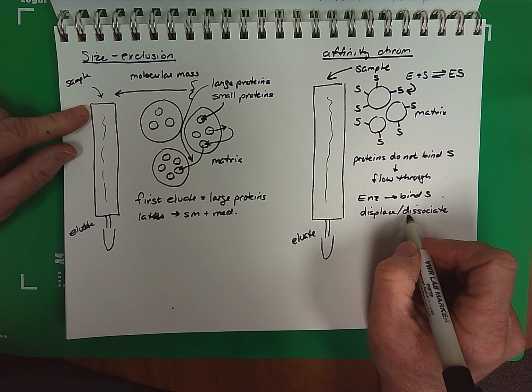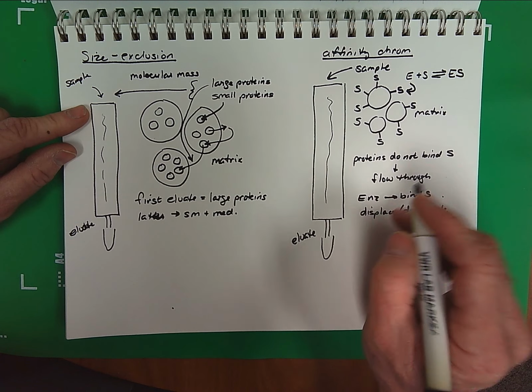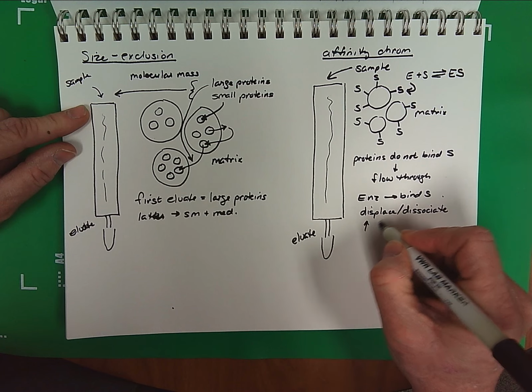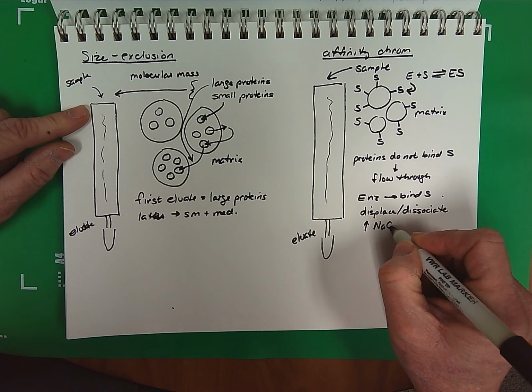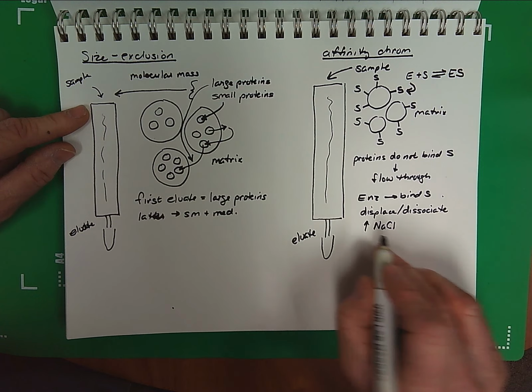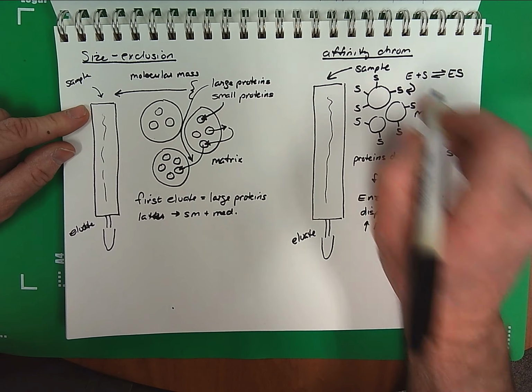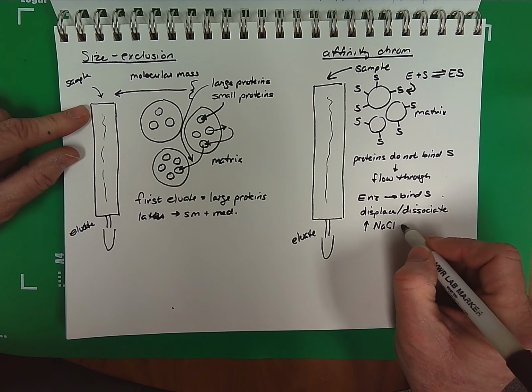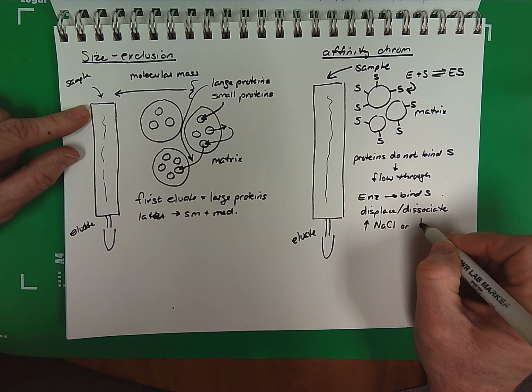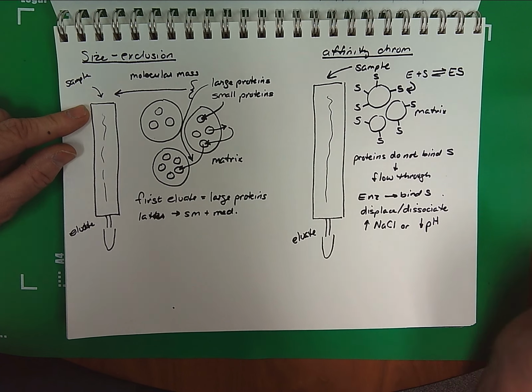The typical way to dissociate enzyme and substrate in these is to increase salt to disrupt ionic interactions between the substrate and enzyme, or decrease the pH.